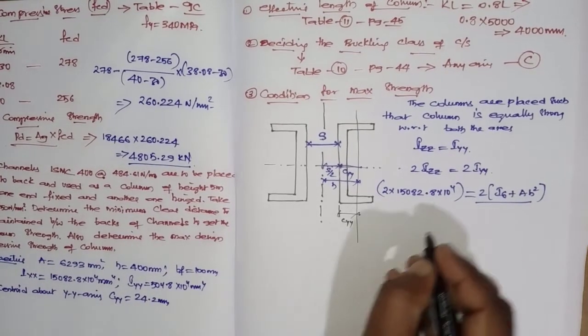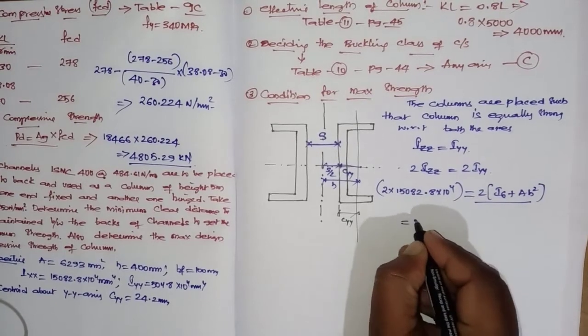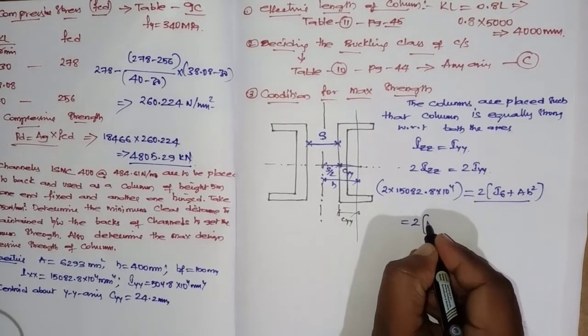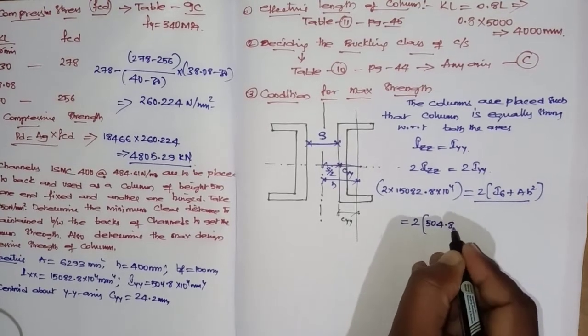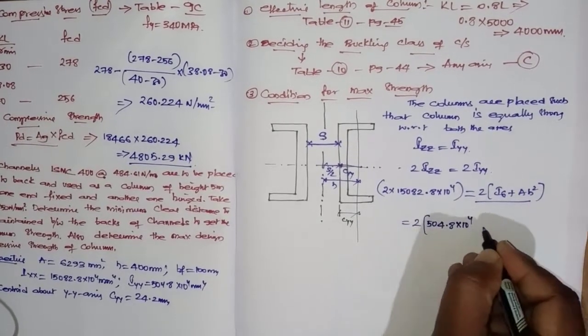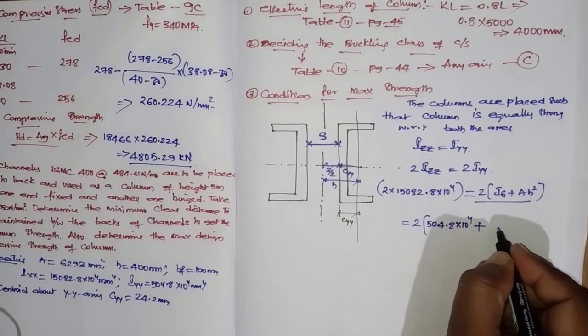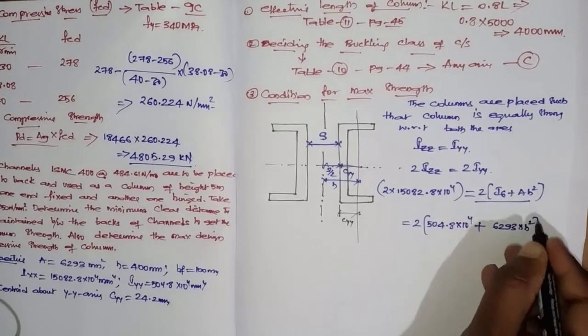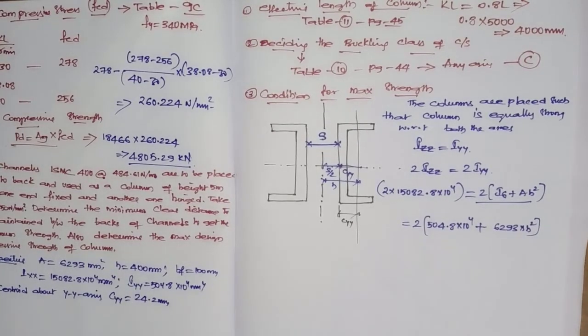Now first I solve this one. 2 into, what is this IYY? Ig means 504.8 into 10 power 4 plus the area 6293 into H square. Right?